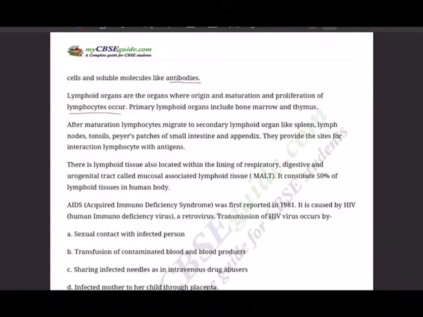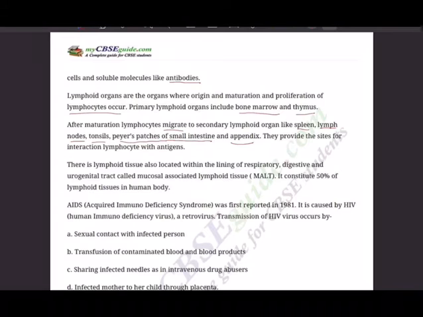So primary lymphoid organs include bone marrow and thymus. Bone marrow and thymus, these are the primary lymphoid organs. After maturation, lymphocytes migrate to secondary lymphoid organs like spleen, lymph nodes, tonsils, Peyer's patches of small intestine, again a neat exam question, Peyer's patches of small intestine, and appendix.